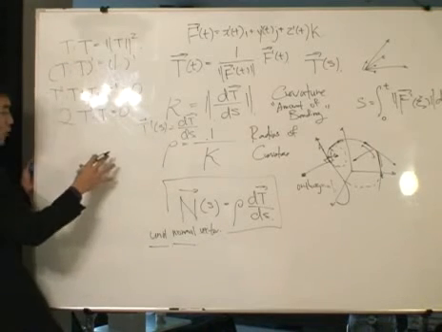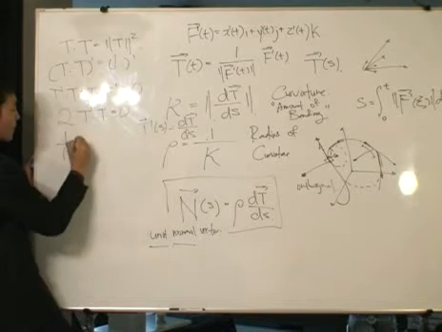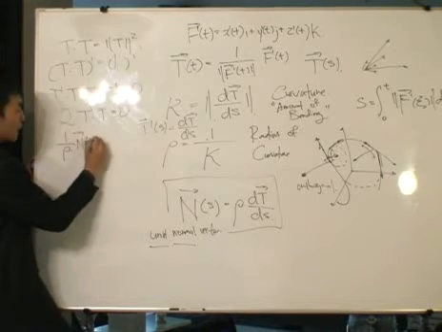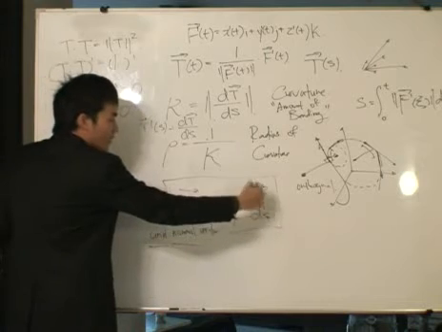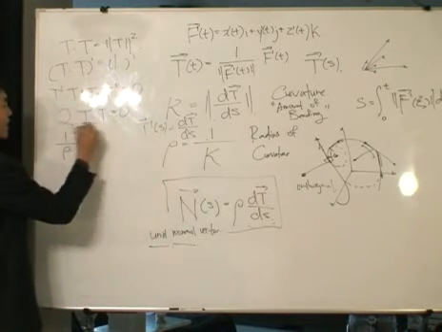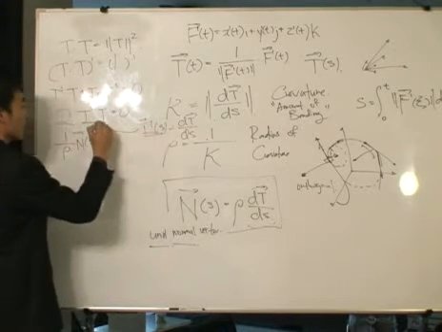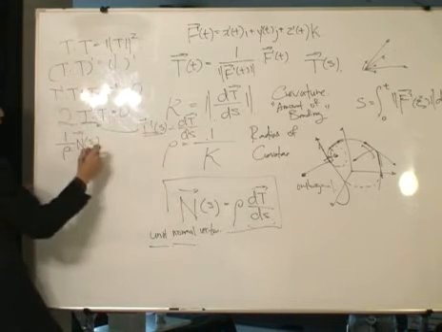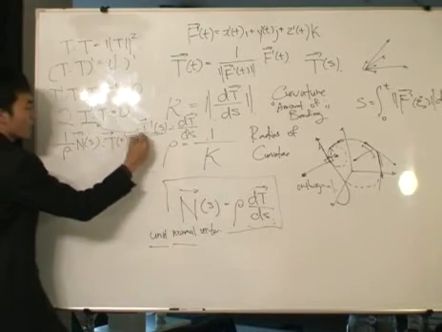I'm just rearranging this, bringing rho to the other side so that I get this term by itself, so I can substitute it inside here. Substituting this term over here, the normal vector dotted with the unit tangent vector is equal to 0.